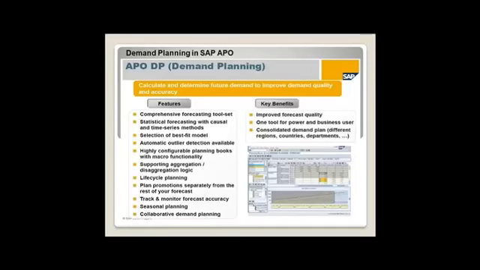We are going to get more accurate forecast, and one powerful tool for the business users. For any kind of user in our organization, one tool is going to support, and different regions, different countries and different departments can access one screen and one tool.